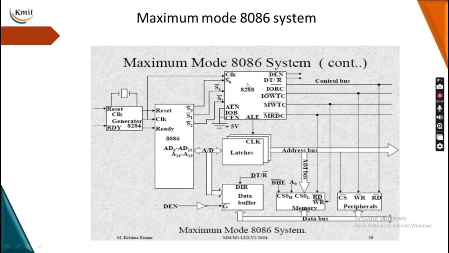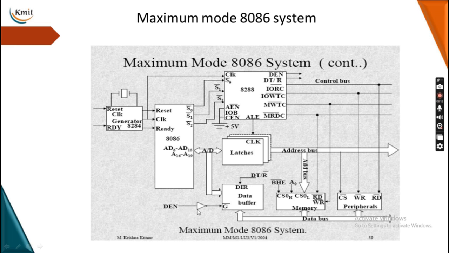Getting the point? See here, ALE is present, which enables the address latch in order to separate the address and data buses AD0 to AD15, where these latches will separate only the address bus, which is A0 to A19, the 20-bit address bus.